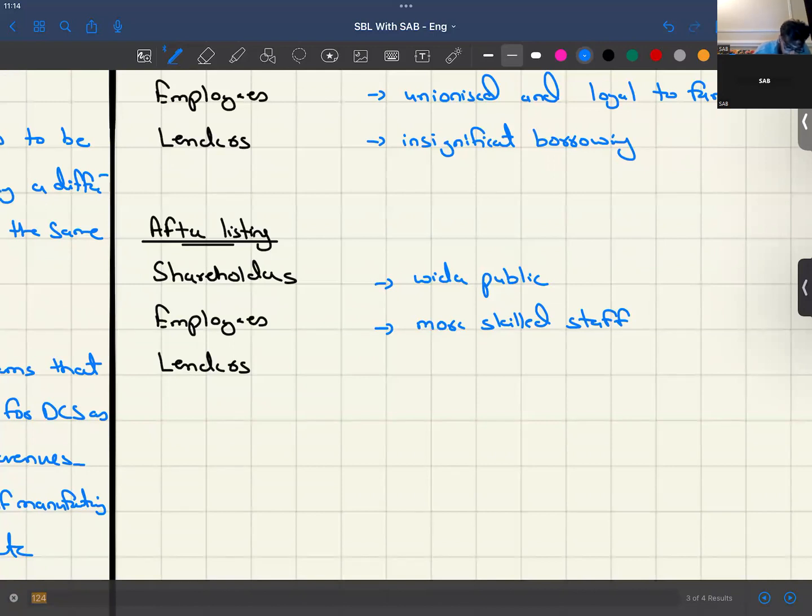And lenders, more borrowings, more covenants.